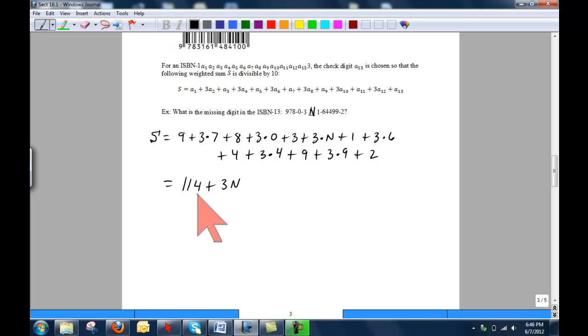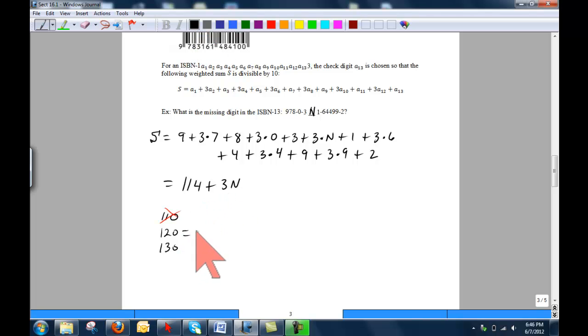I know it's at least as big as 114 because 3n is greater than or equal to 0. So if I start listing nearby numbers that are multiples of 10, like 110, 120, 130, and so on, it's obviously not 110 because then n would have to be negative.